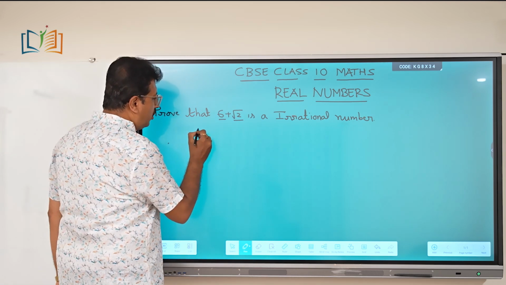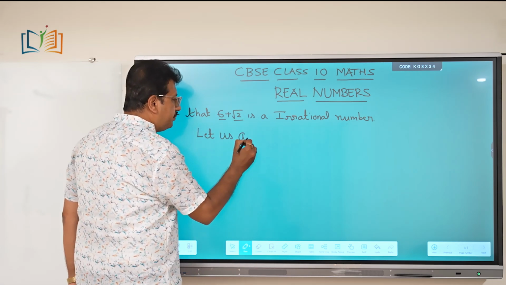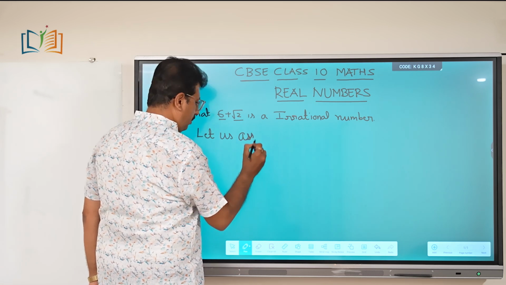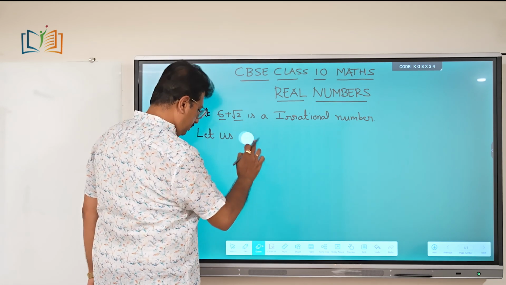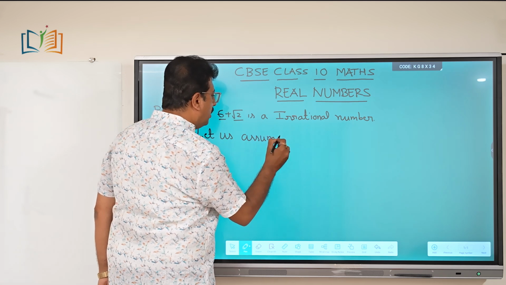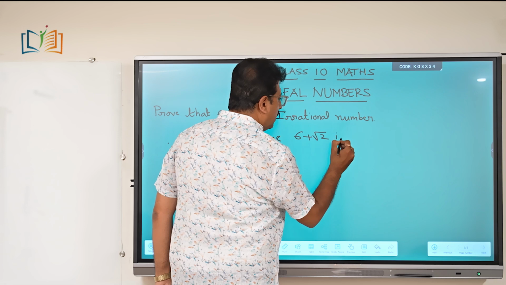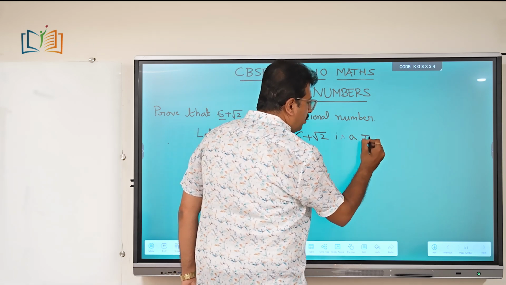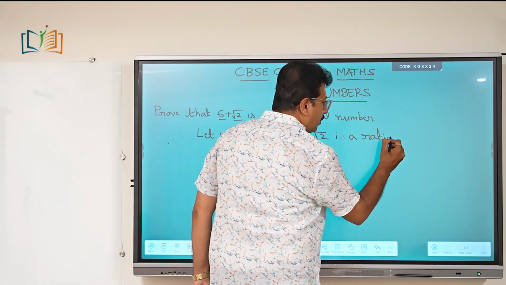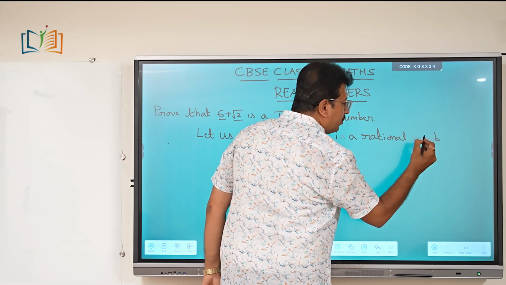So here also we have to make an assumption. Let us assume 6 plus root 2 is a rational number. We are assuming it's a rational number.